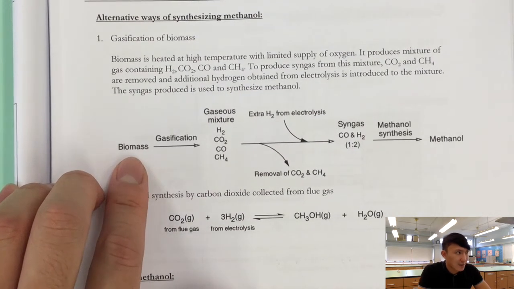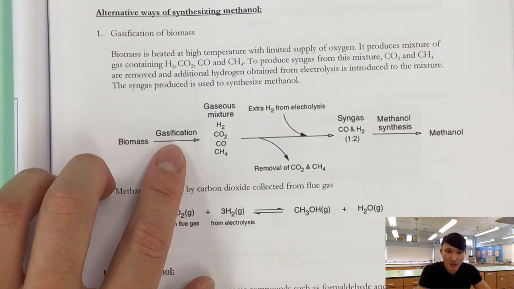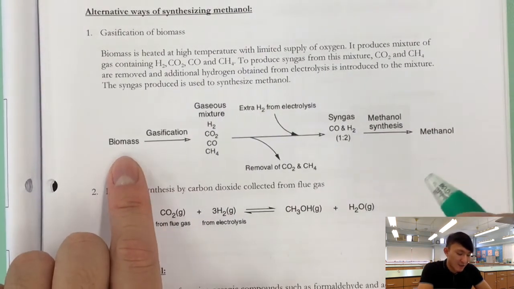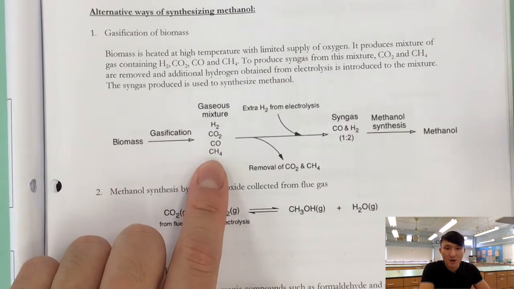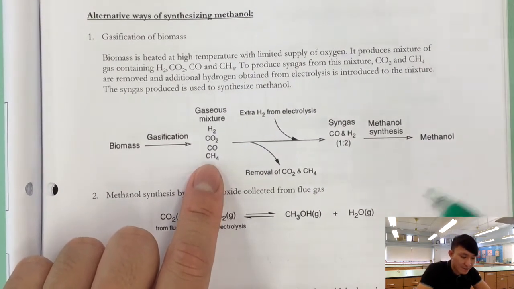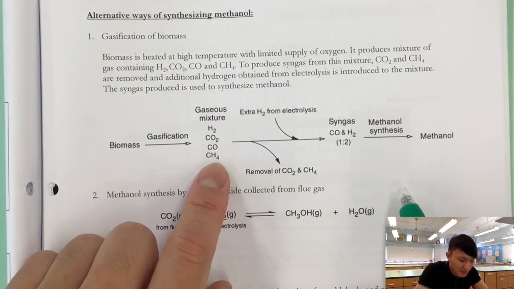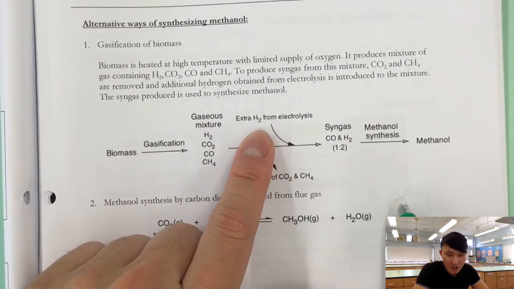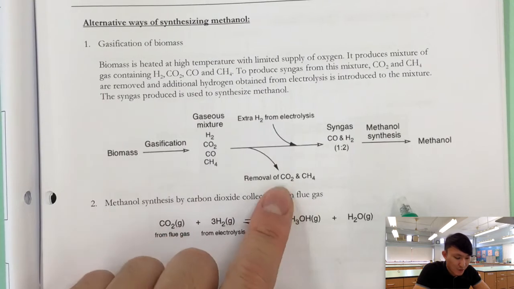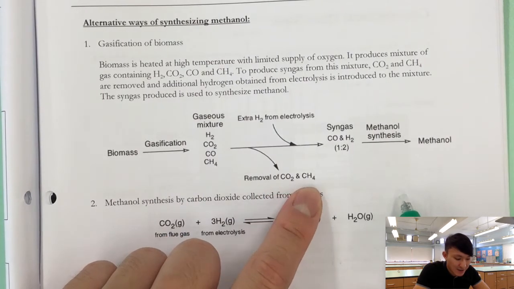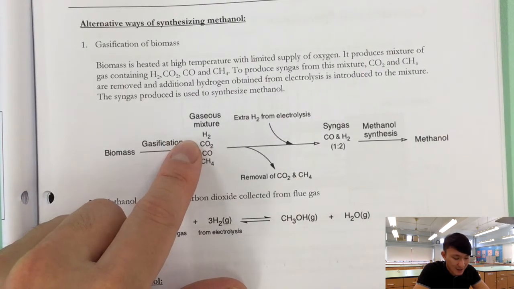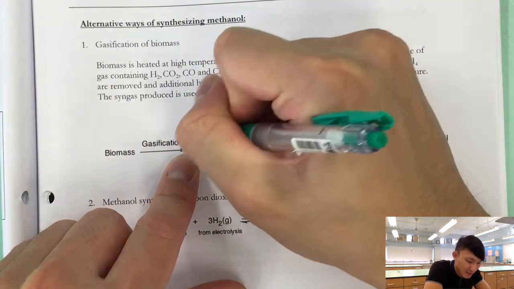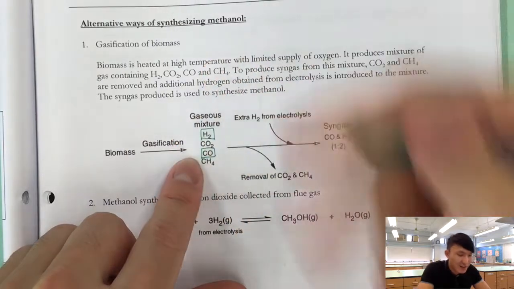Within all these biomasses, they are rich in carbon and hydrogen. So the first step here is called gasification. Basically, we convert the huge biomass molecules into small inorganic gases. And from this mixture of gases, we introduce extra hydrogen, and we also remove carbon dioxide and methane, because by removing methane and carbon dioxide, what we have left is hydrogen and carbon monoxide, and guess what?